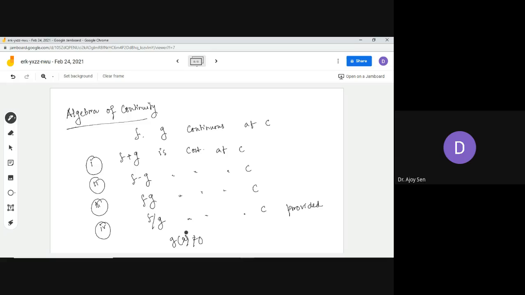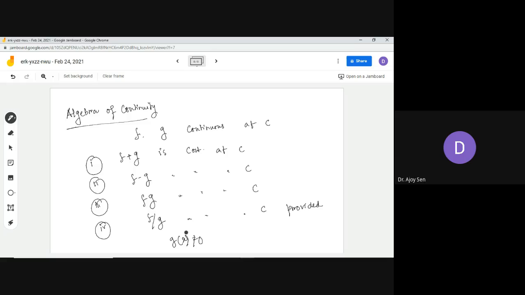So you can go through the proof. It's very simple and very similar to the proof of limits. You can go through this proof in your book. If you understand the proofs of the algebra of limits, then there will be no problem in understanding this fourth algebra of continuity.